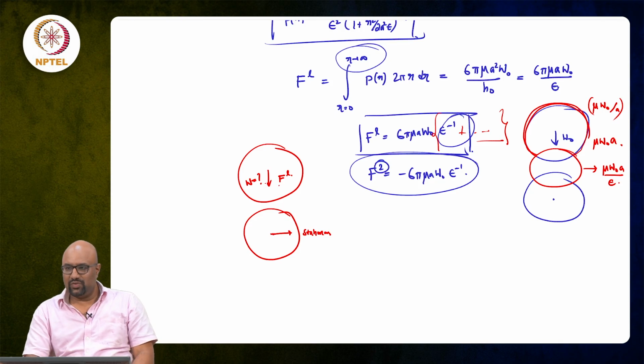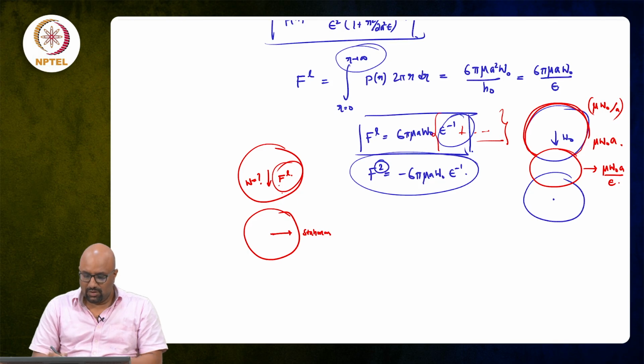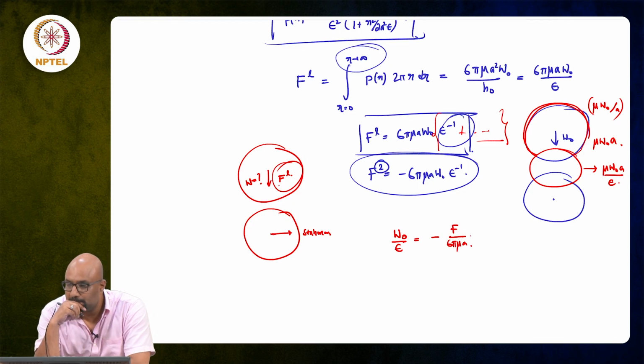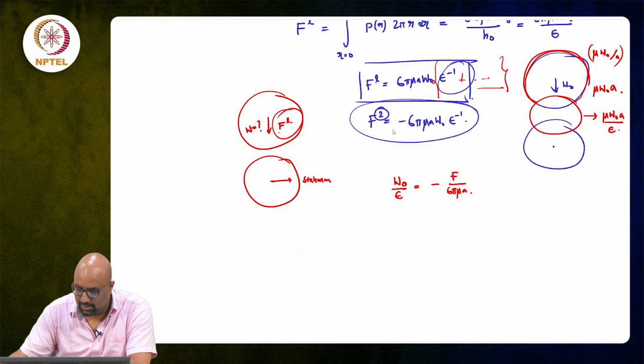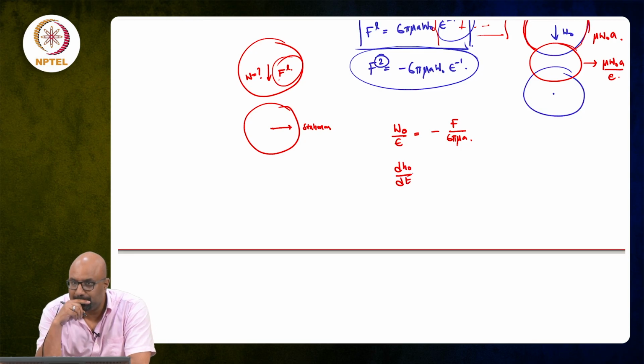and sphere 2 is experiencing a constant force. So, that would give me W naught by epsilon is equal to minus F by 6 pi mu a, right. Now, W naught is due to the rate of change of the gap.